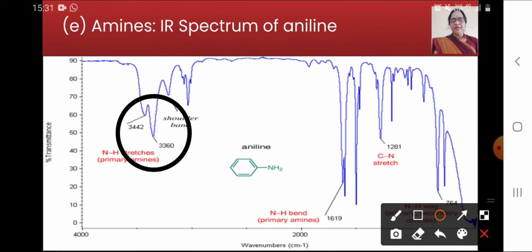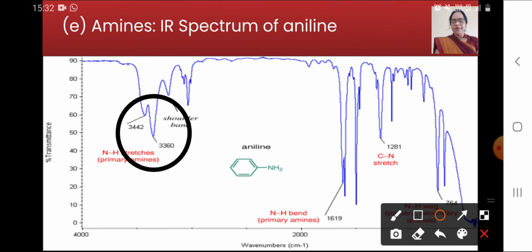The aliphatic secondary amines show only one NH stretching band at 3300 per centimeter, whereas the aromatic secondary amines give a stronger NH band near 3400 per centimeter, while the tertiary amines do not show any NH stretching band in the absorption spectrum.